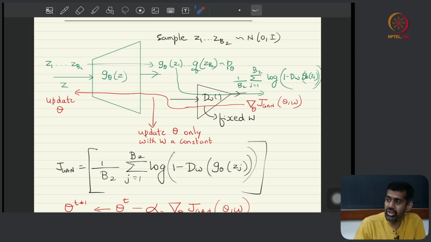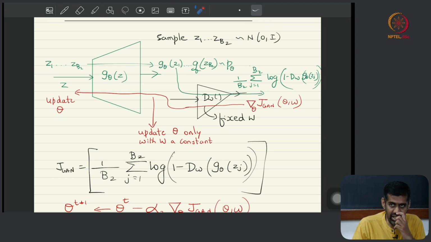All we need are samples from the P theta distribution. Again sample a batch of samples from the normal distribution, pass it to the g theta network, get samples from P theta. Now, pass it through the discriminator network. So, note that while you need to do a gradient step through the generator network, you still need the discriminator network, because you need to compute D_w of g theta of z.